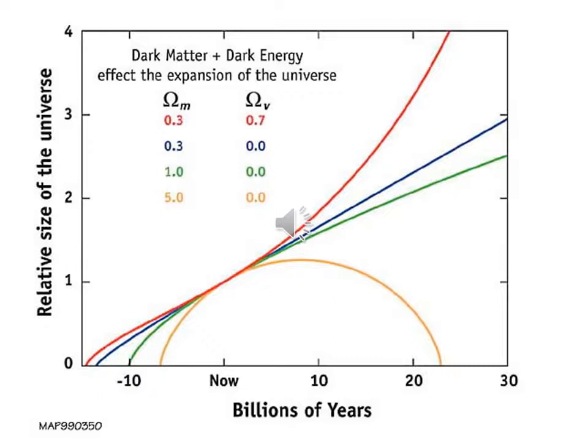And as you can see, if you're going from the numbers at the very bottom all the way to the top, the 5 and 0 means that we have lots of dark matter but no dark energy, and the universe closes upon itself, meaning it expands then contracts. 1 and 0 is our thinking until the mid-1990s, dark matter just about right for having a universe in between open and closed. And then, since then, we've seen the 0.3 and 0.7, which is the universe that's actually accelerating its expansion. Hence, it's known as the accelerating universe.